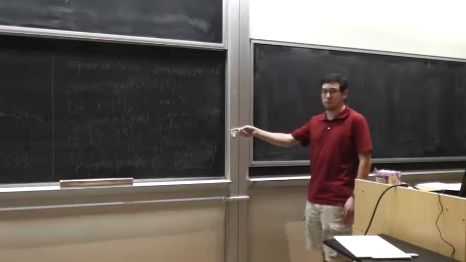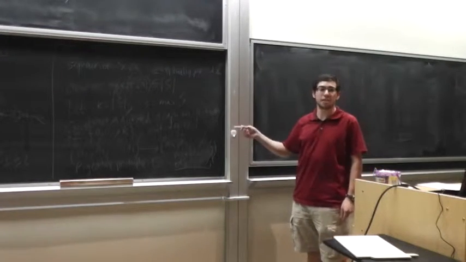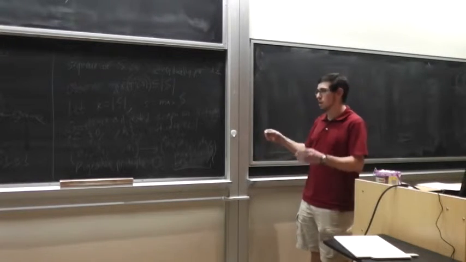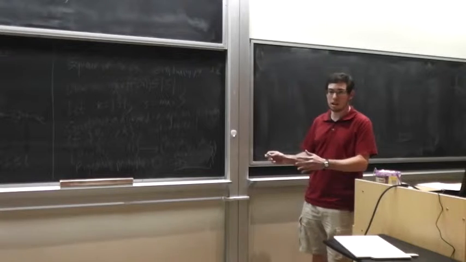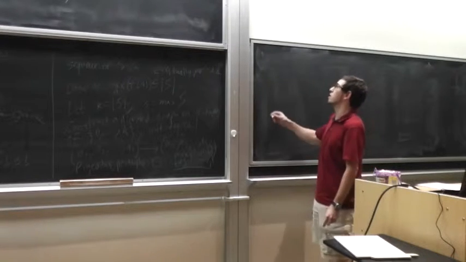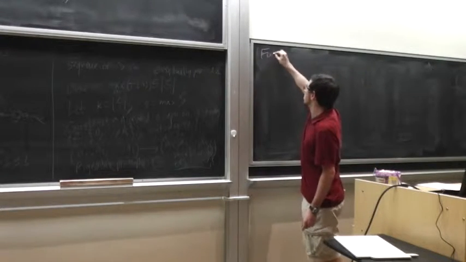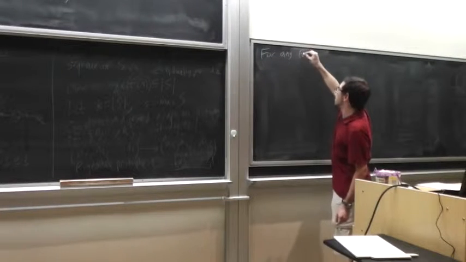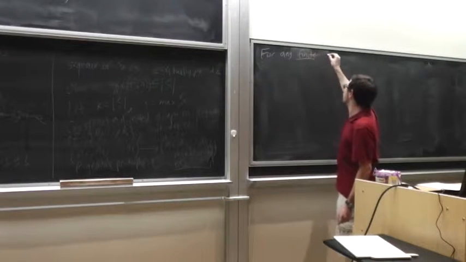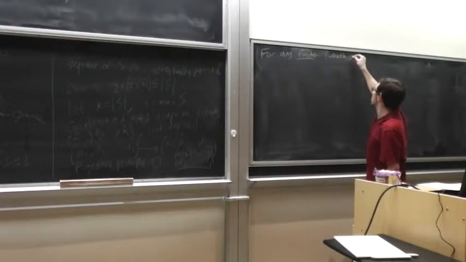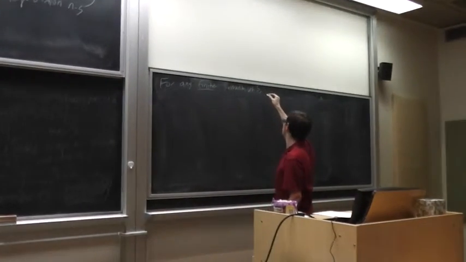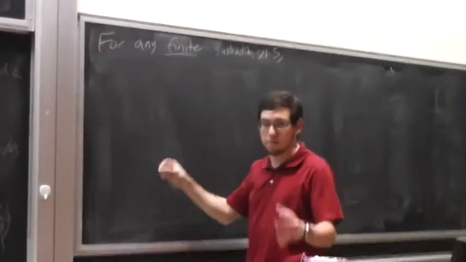But one thing this does show is that for every finite subtraction set, we can decompose the nim sequence into a prefix and then a period. And we're going to use this fact a lot later. So for any finite subtraction set, the nim sequence has a prefix and then a period.